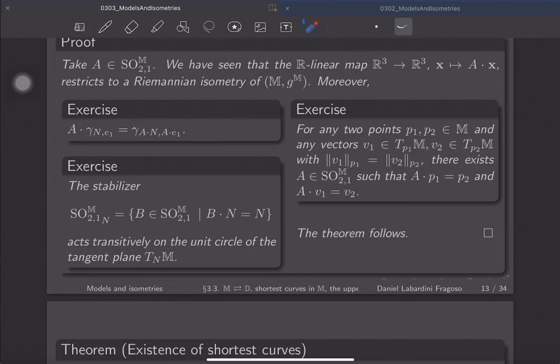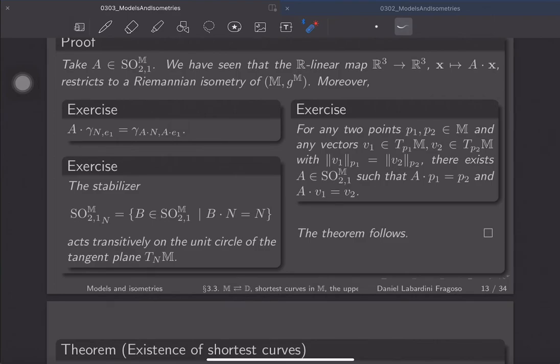My point is, it acts transitively on the unit circle in this tangent plane. I have an inner product on this tangent plane, which is Minkowski's inner product, so in that plane I have the right to speak of a circle. So I speak about the unit circle there.